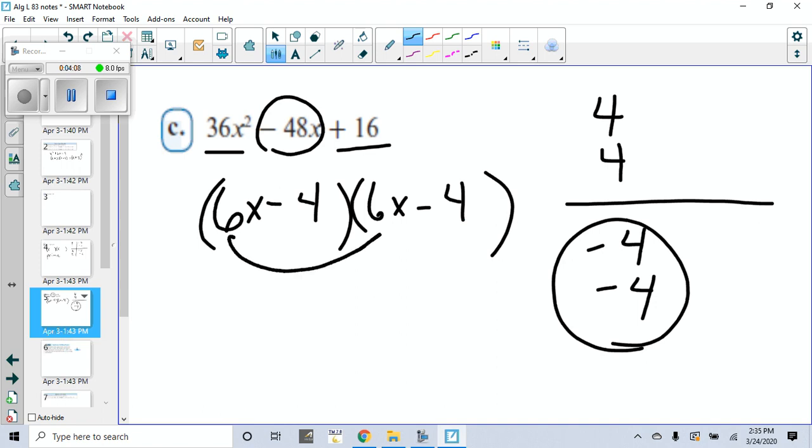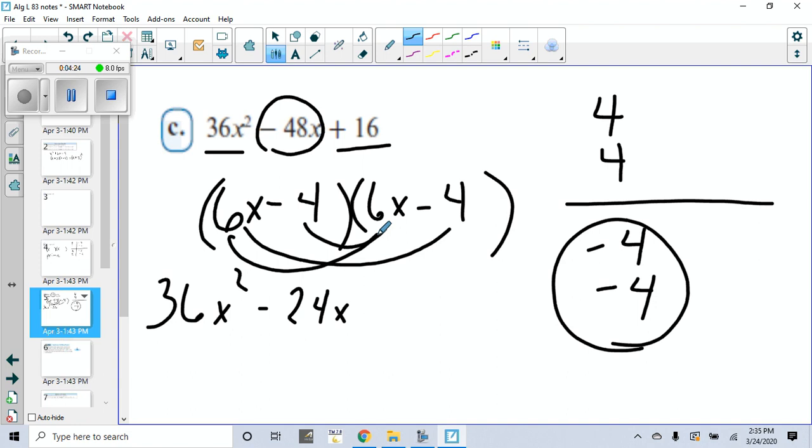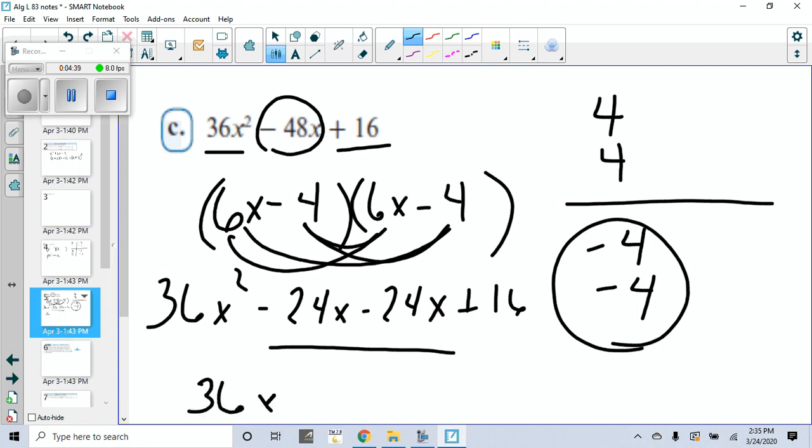So 6x times 6x is 36x squared. Then outside times outside is -24x. Inside times inside is also -24x. And last times last is +16. Now when you add these together in the center, you get -48. So it's 36x squared minus 48x plus 16.